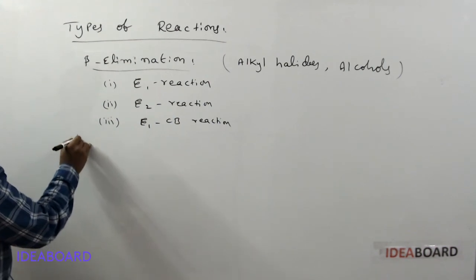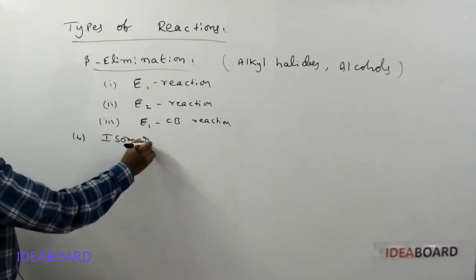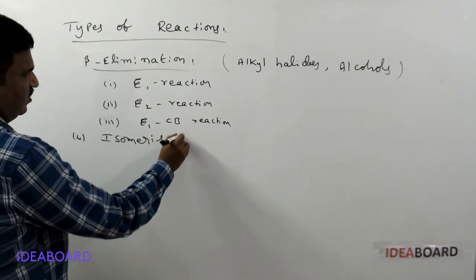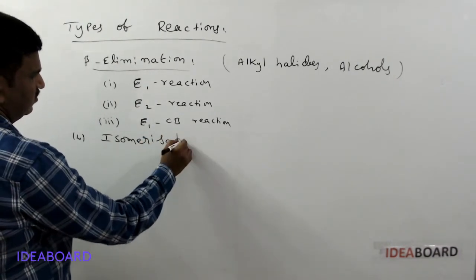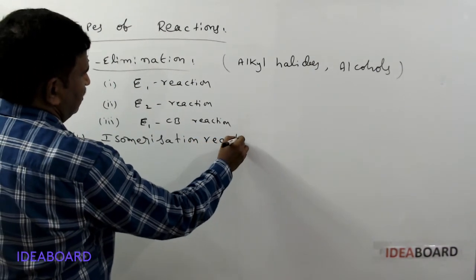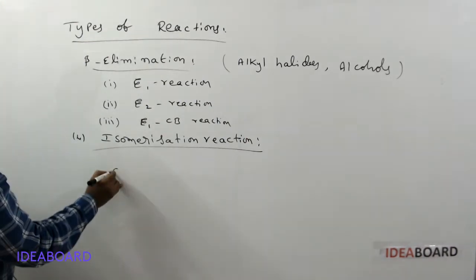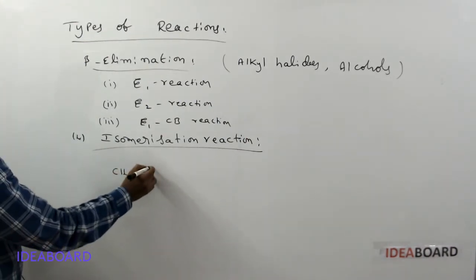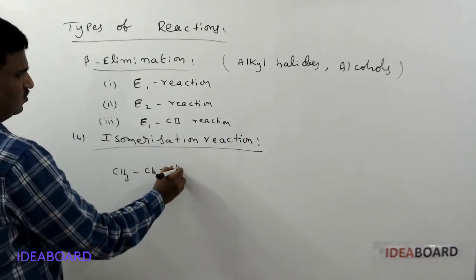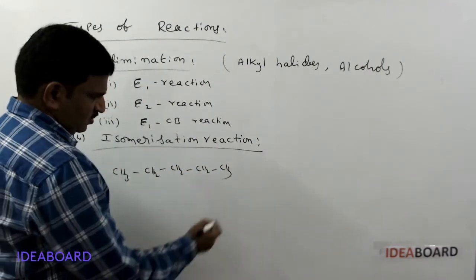Next and last, the fourth type is isomerization reactions. An isomerization reaction means one isomer is converting into another isomer. Suppose you have CH3CH2CH2CH2CH3.